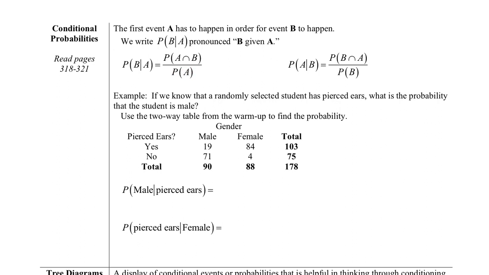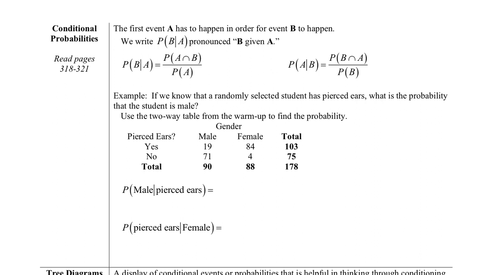So sometimes you won't be dividing by the total probability or the total number in your event. You're going to be limited to some kind of given condition. And it's just the probability of A and B happening. Notice this is B and A. The order doesn't matter. These two are the same probability. We're just dividing by a different condition.